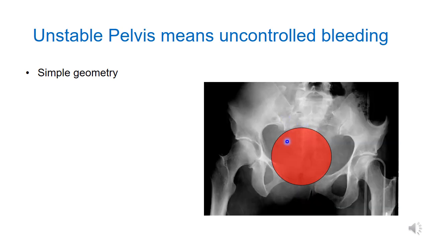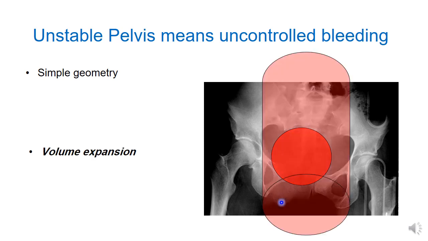But if the pelvis is fractured and the bony or ligament disruptions are severe, the pelvic innominate bones will be apart, and this will cause what's called volume expansion. Now we don't have control on the amount of blood that is inside the pelvis, and the patient can bleed up to death from this injury.